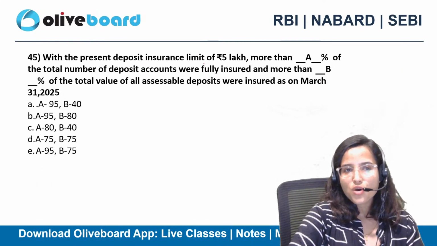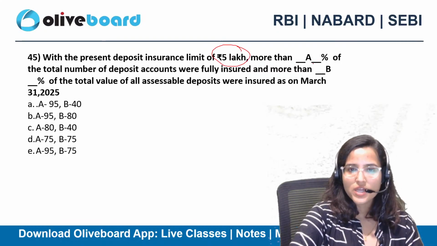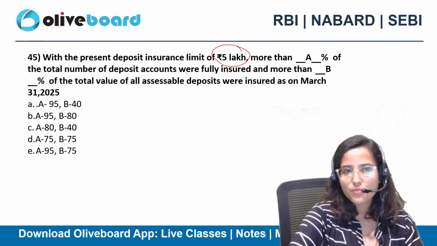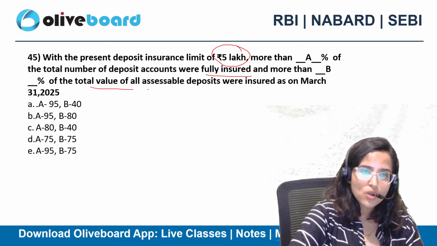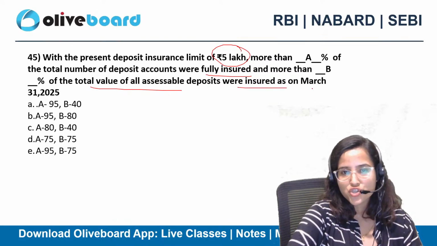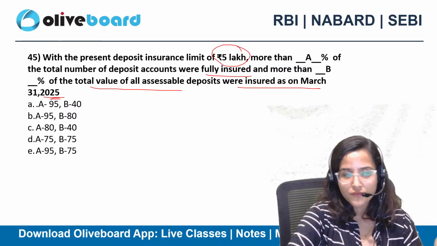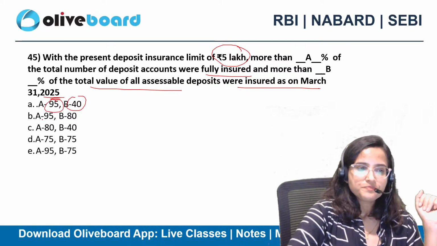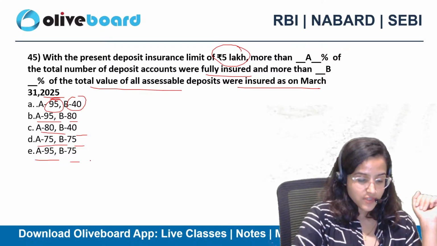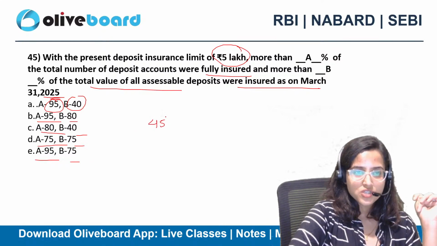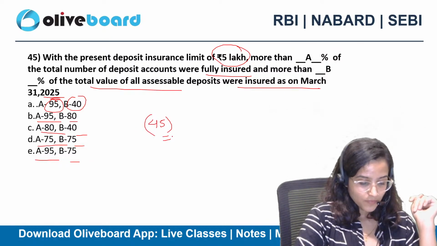With the present deposit insurance limit of 5 lakh, more than dash percentage of the total number of deposit accounts were fully insured, and more than dash percentage of the total value of all accessible deposits were insured as on March 31st, 2025. 95-40, 95-80, 80-40, 75-75, or 95-75? 45th question. Quickly give me the answer.